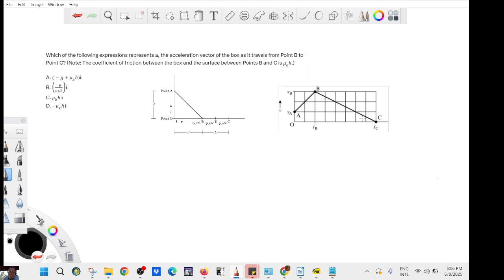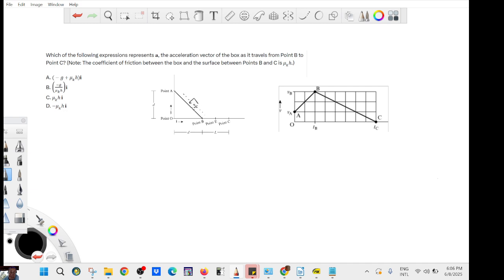So you see the slope is negative, which means there is an acceleration, but it's a negative acceleration. If there is an acceleration, there is a net force.